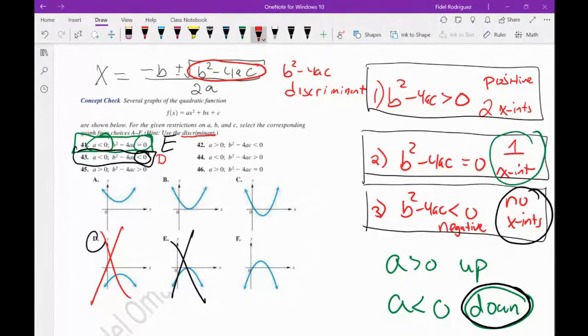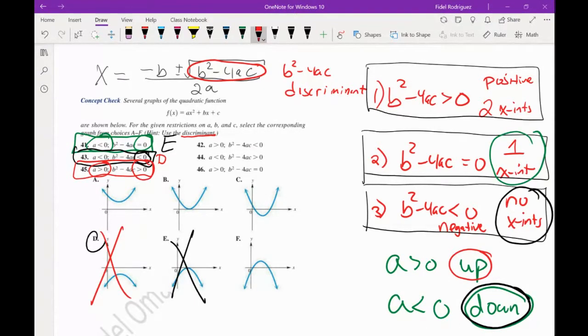Now look, let's go to 45. First thing I notice again, A is greater than 0. If A is greater than 0, the graph is opening up which way? Up, right? Because A is positive, the graph's going to open up. So that's telling me, hey, I'm either going to look at choice A, B, or C, because those are the graphs that are opening up. And then I'm going to look at this part right here.